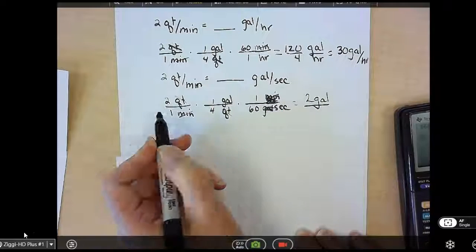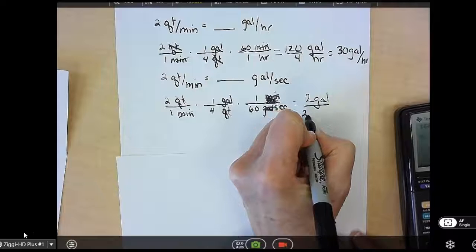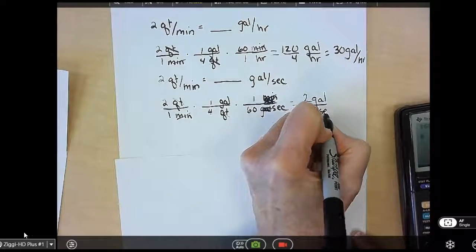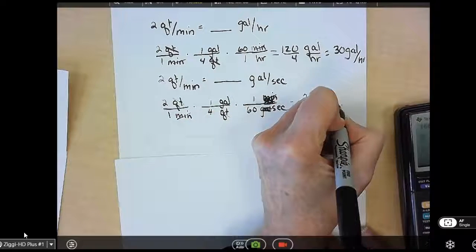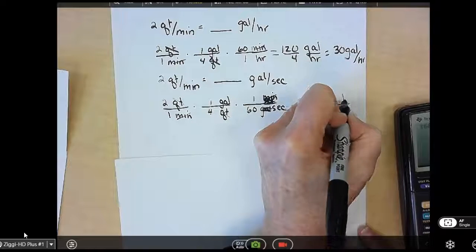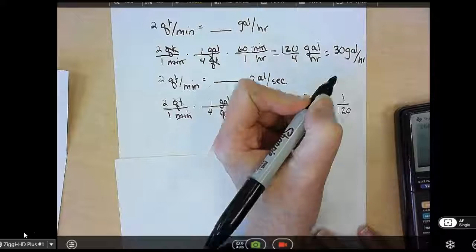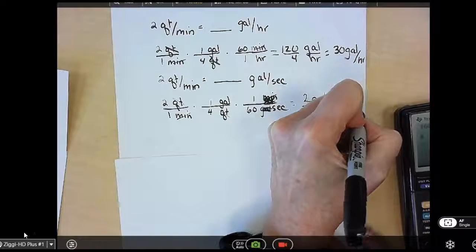On the bottom, 1 times 4 times 60. 4 times 6 is 24, add a zero: 240. And the only unit left is seconds. 2 divided by 240, if you simplify that fraction, 2 times 1, 2 times 120, gives 1 over 120 gallons per second.